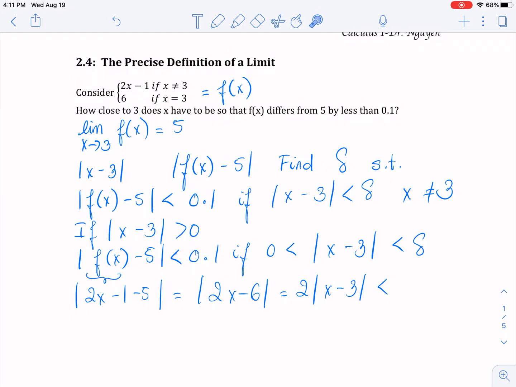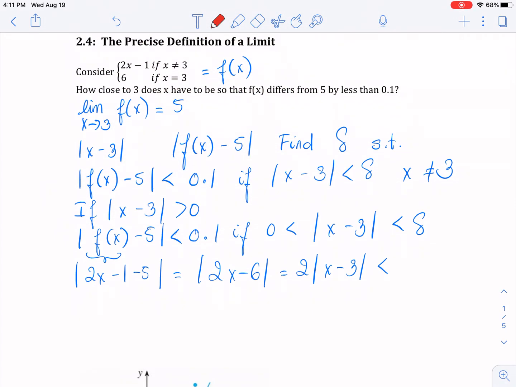Now you have to think about 0.1. How about we do this? So notice that if 0 is less than |x minus 3| less than 0.1, I'm going to divide by 2. Why do I divide by 2? It's because of that. So we see that this one is going to be 0.05 here.